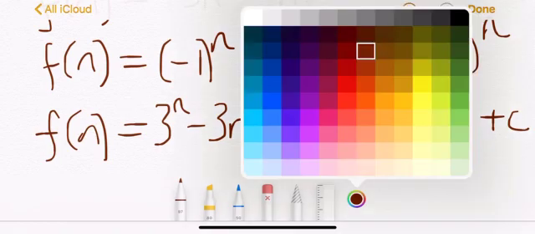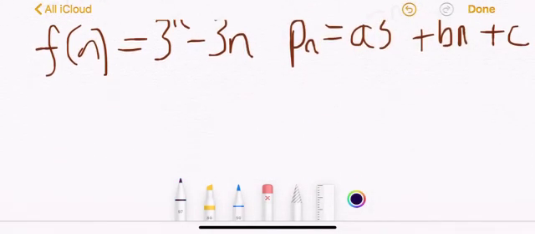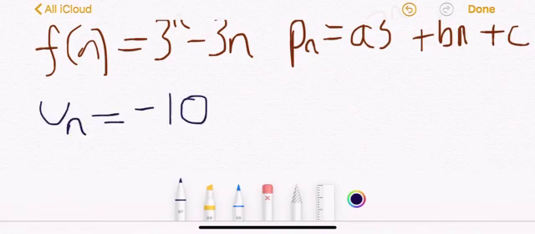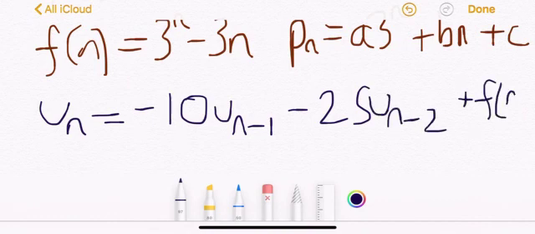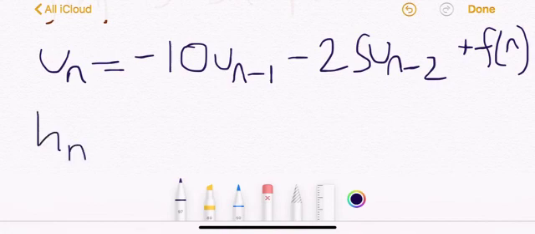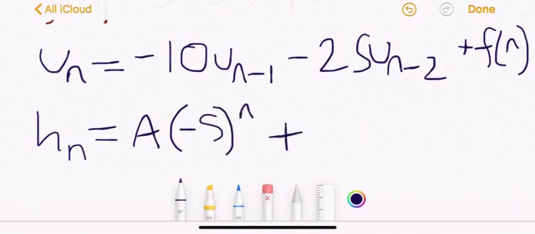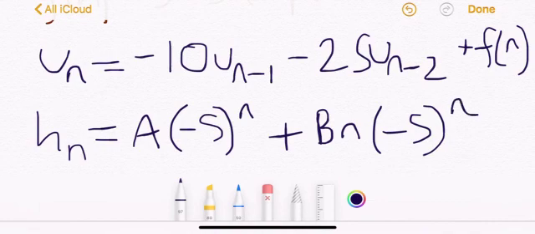If we take the recurrence relation u_n equals minus 10 u_{n-1} minus 25 u_{n-2} plus f of n, the solution to the homogeneous equation to this is h_n equals a(-5)^n plus bn(-5)^n, and you just have to believe me there.